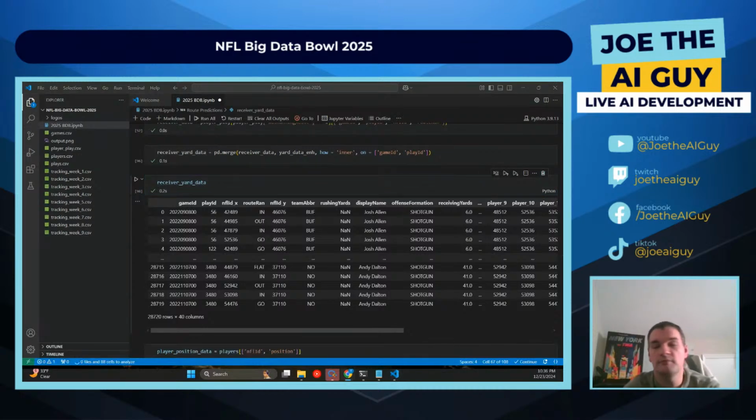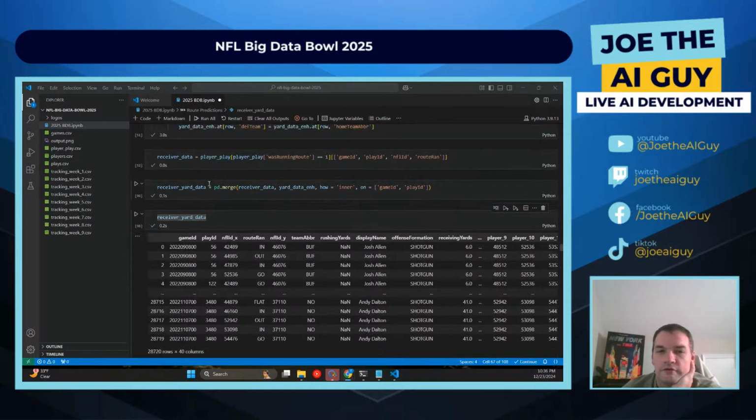We want to do pandas rename single column. Okay, so I just need to pass it a dictionary.